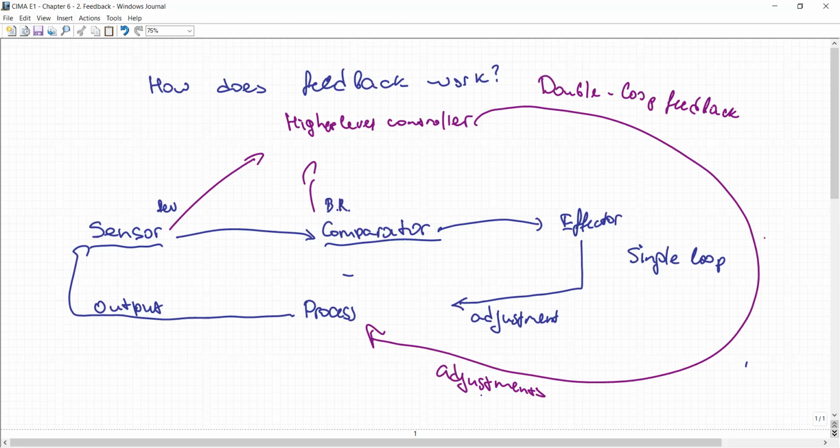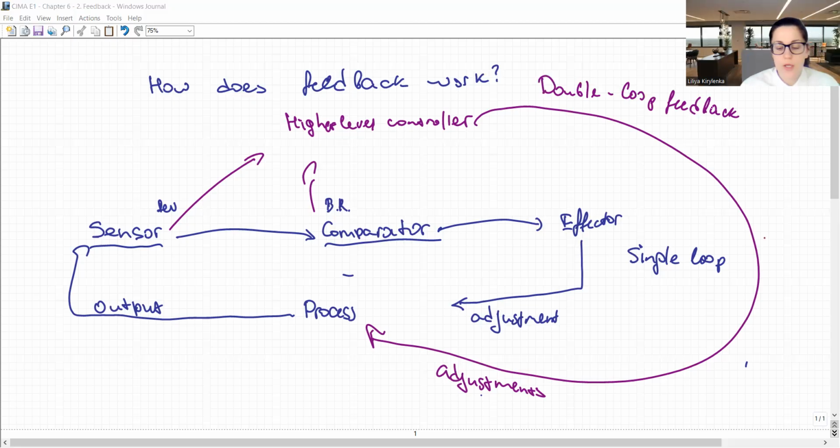We can automate some parts of that. Some parts of them can be hybrid. Some parts of that can be only human. We would think that it is logical that the high-level controller is a human, maybe working with the help of some automated solutions, such as artificial intelligence, but usually that is going to be a human.